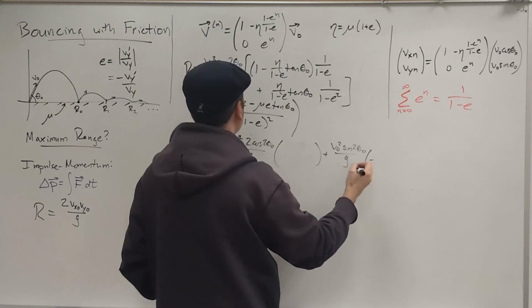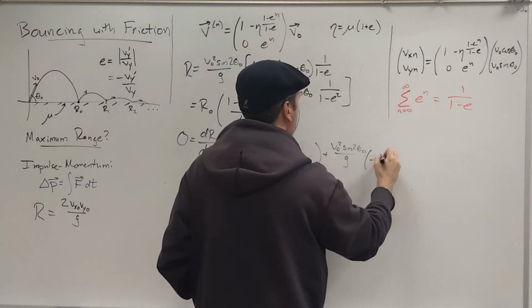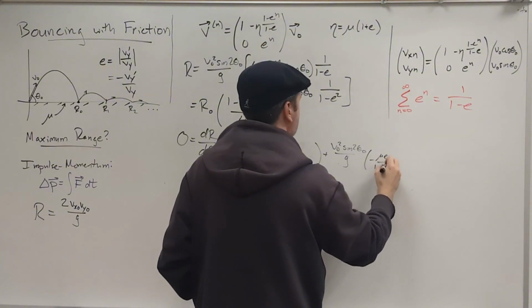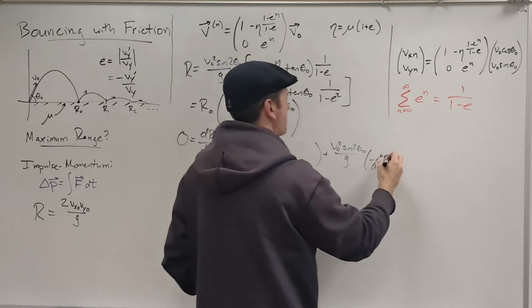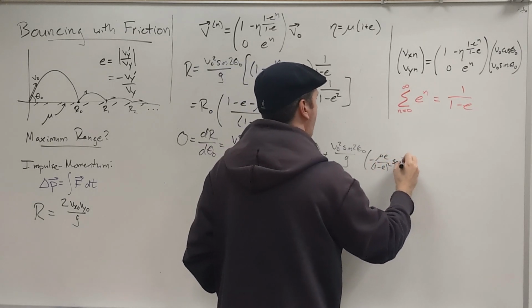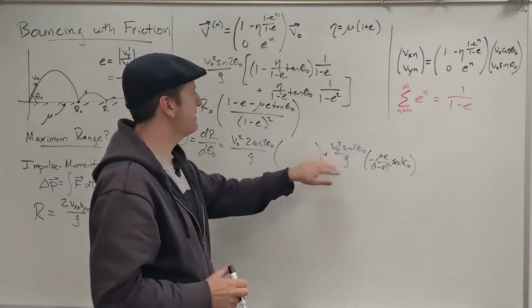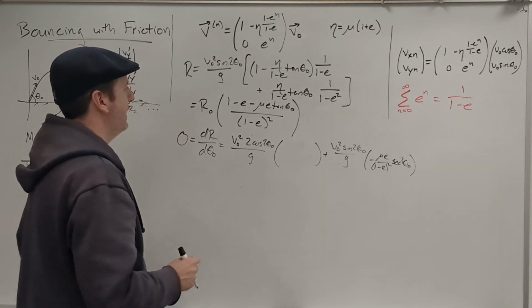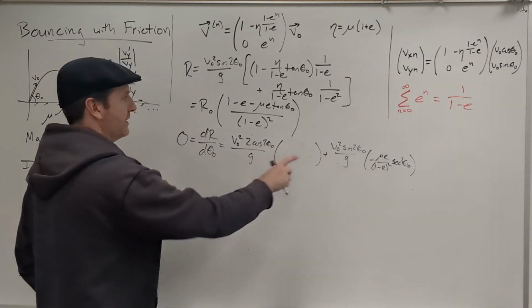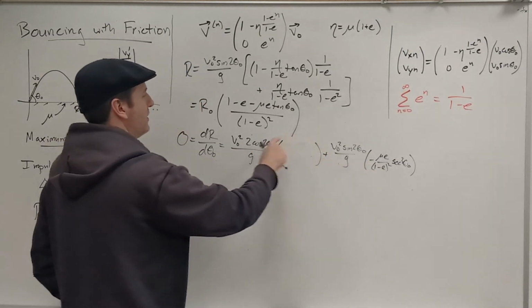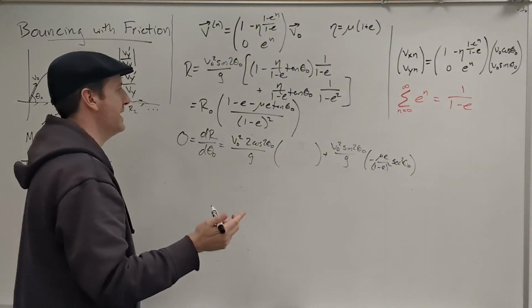I'll pick up a minus mu e over 1 minus e quantity squared, and derivative of tangent is secant squared. Okay, we can see that the v naught squareds and g's cancel everywhere. And then I'm going to move this term over to get rid of the negative sign. I'll also divide out by the cosine to give me a tangent.